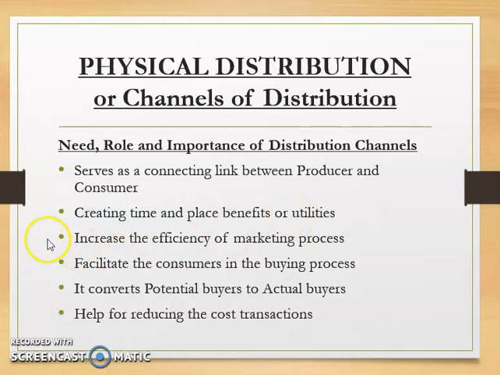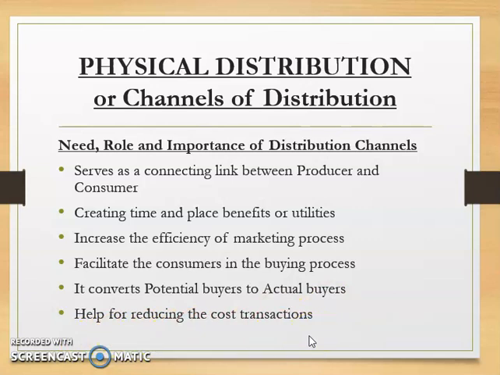It is also going to increase the efficiency of the marketing process. It facilitates the consumers in the buying process. It converts the potential buyers to actual buyers. It helps to reduce the cost of transaction.